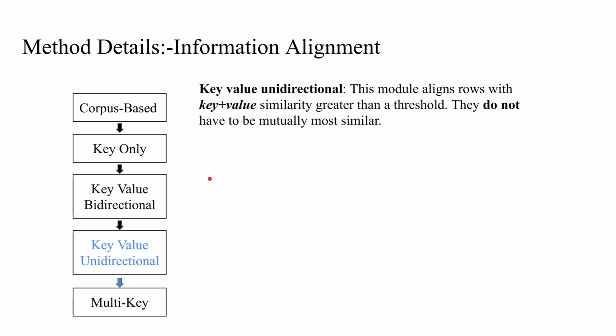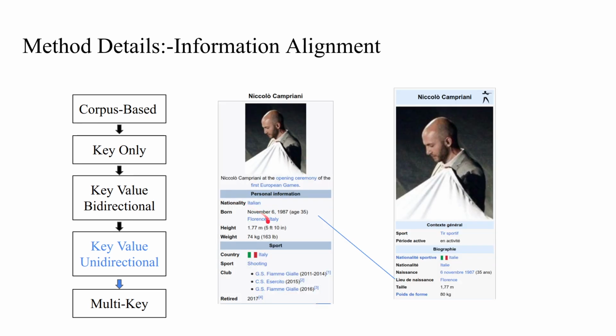Now, if we move on, we can further relax the rule of having the keys to be mutually most similar across the two tables, and that is what leads to key value unidirectional alignments, which is very similar to the bidirectional except with the relaxation of that rule. And in this case, the born key is now also aligned with birthplace.